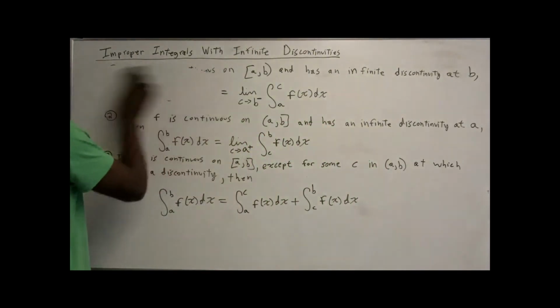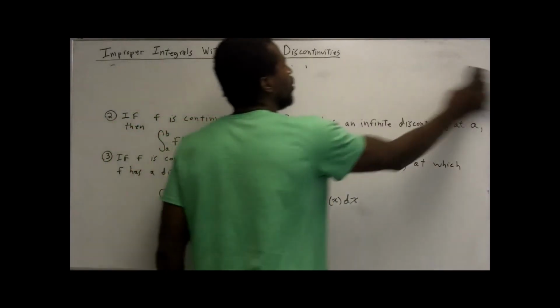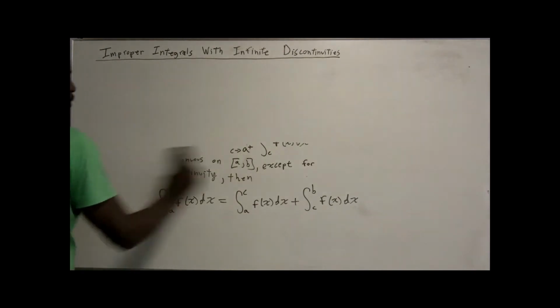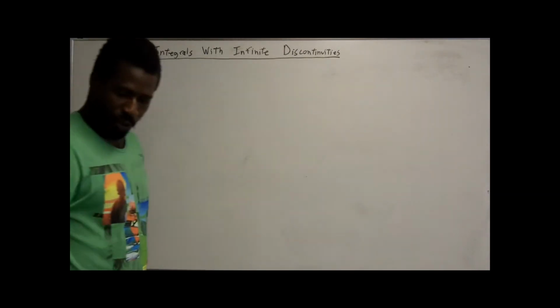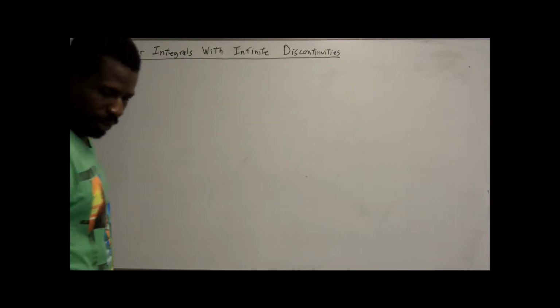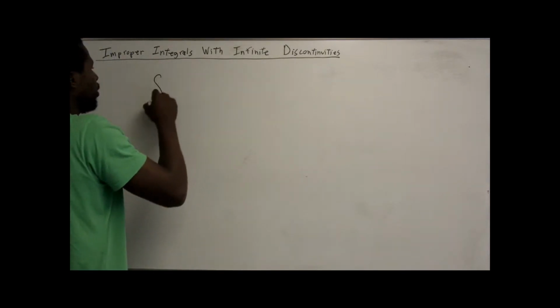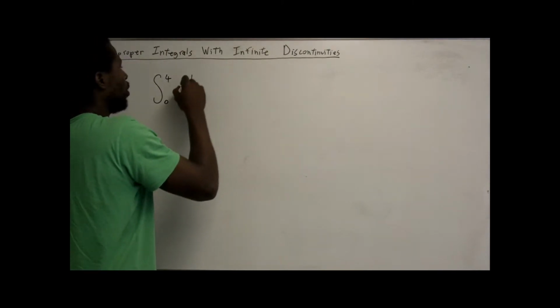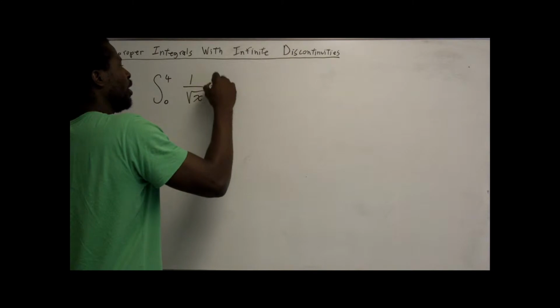So let's put this to use to do a problem. The one that I want to look at is the integral from 0 to 4 of 1 over the square root of x dx.